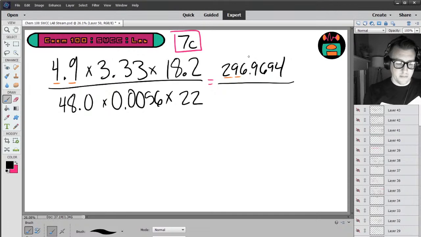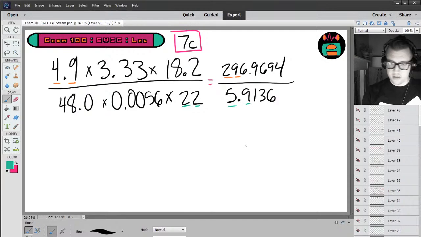Let's evaluate the denominator. 48 times 0.0056 times 22 comes out to be 5.9136, and my denominator can have 2 sig figs because of 22.